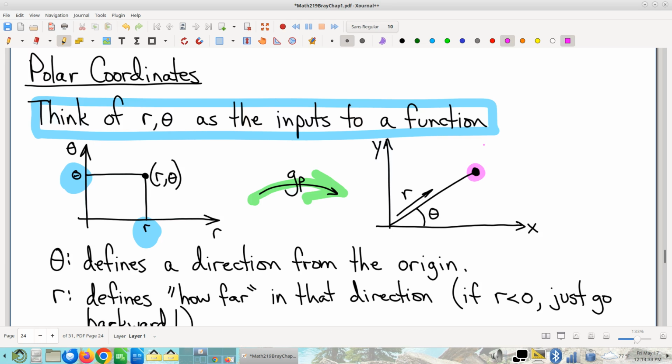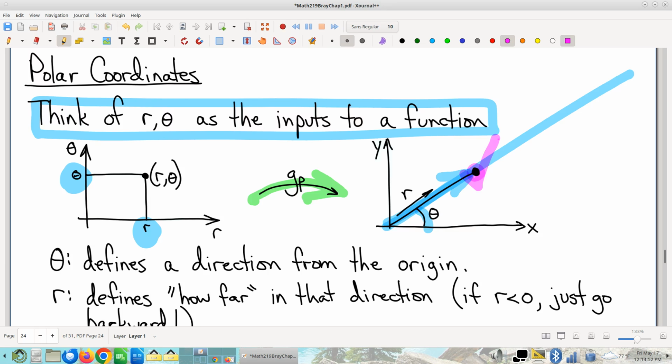The theta tells you an angle. That defines which direction we're going in, in some sense. R then tells you how far to go in that direction, and that gets you to the point we're talking about.